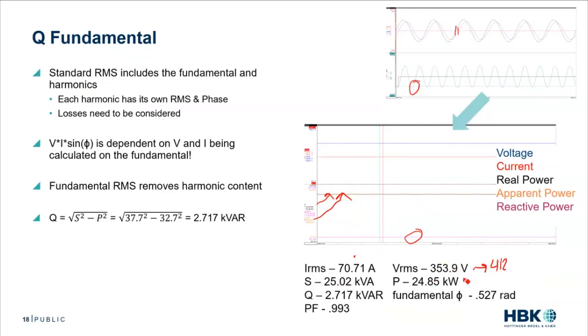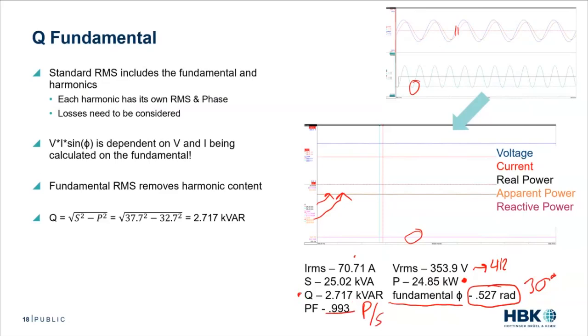Our power is the same, because power is that real power. We can physically measure that and average it and trust that. Our reactive power is now significantly lower. And if we look at that phase angle, that's still 30 degrees or 0.527 rads. That's because filtering doesn't change our signal in time. And now we look at our power factor and we get P over S of 0.993.